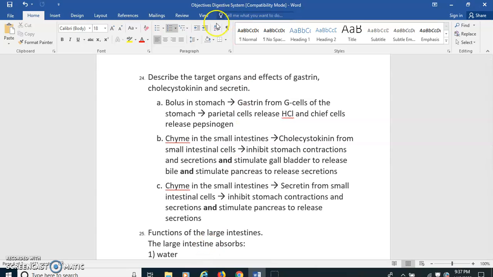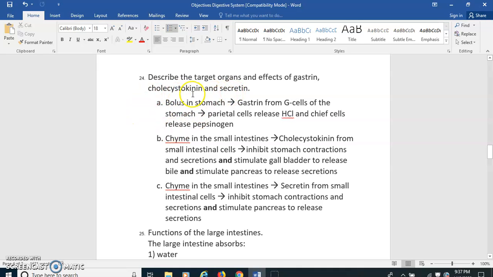Right before we talk about the large intestines, I wanted to give you a summary of the endocrine control, so the hormone control or regulation of the digestive system. The three hormones that you should be familiar with are gastrin, cholecystokinin, and secretin.